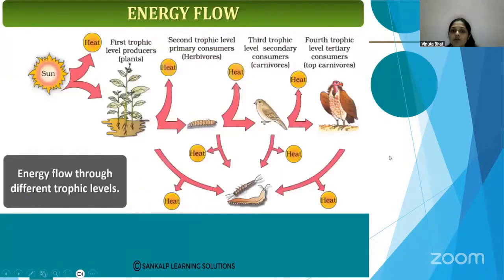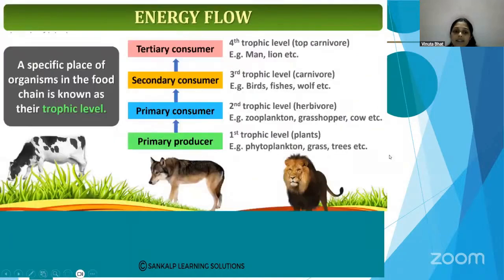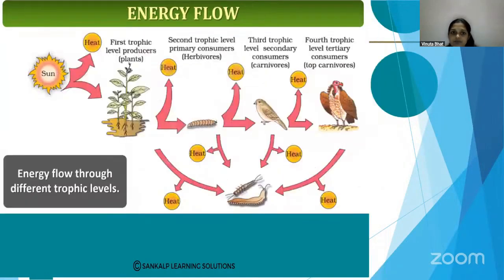You can see the flow of energy in this manner, from producer to primary consumer, then secondary consumer, and the tertiary consumer. Like this you can see the flow of energy in the food chain.